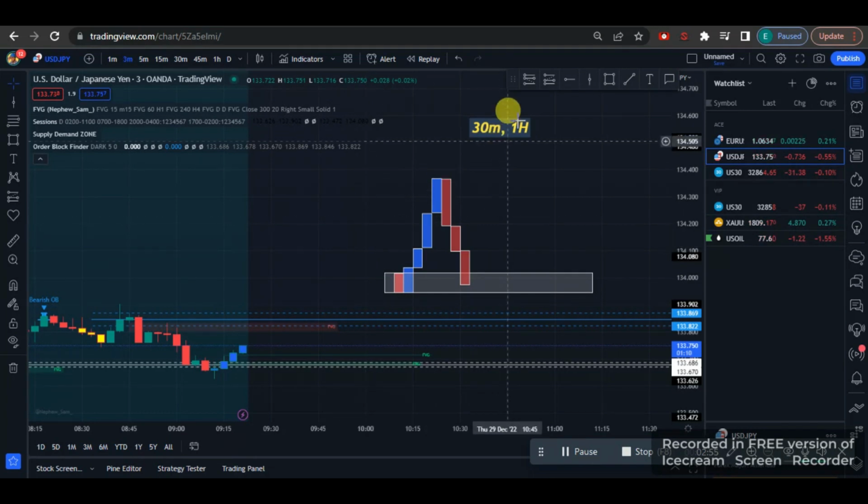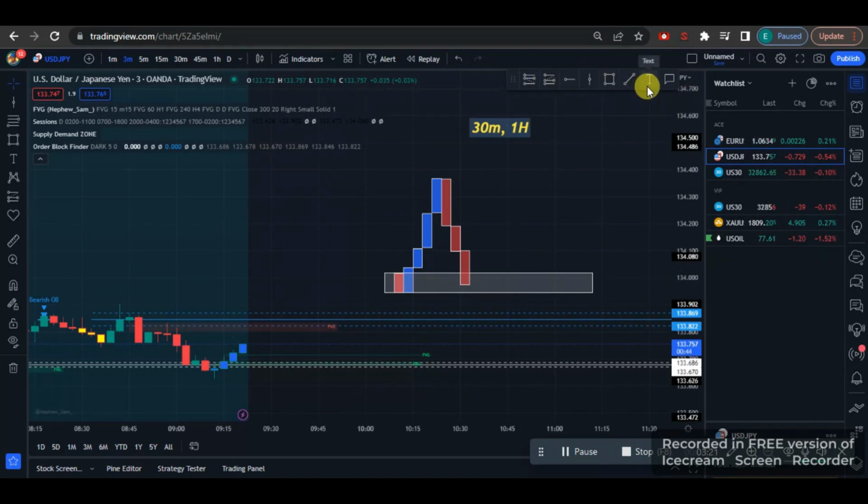So let's just assume that this setup is on the 30-minute time frame. What you want to do now is, once you spot your bullish order block and your demand zone to the upside, or your supply zone, and you waited for price to retrace back, all this is happening on the 30-minute time frame. Assume that is my time frame for getting my area of interest. So price retraced back to my area of interest, which is this order block zone here.